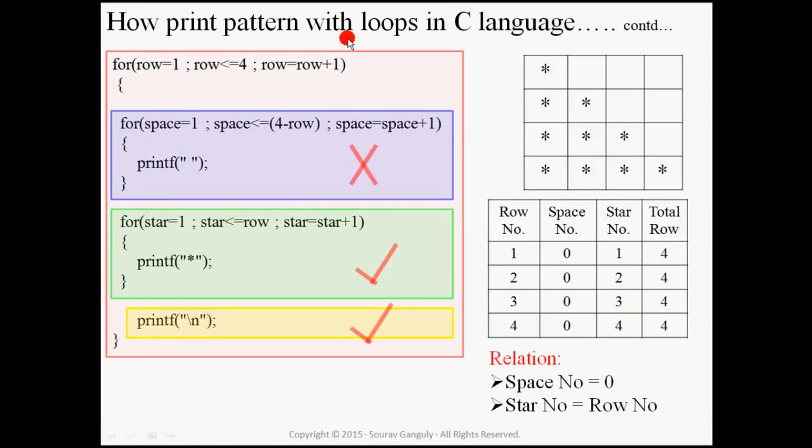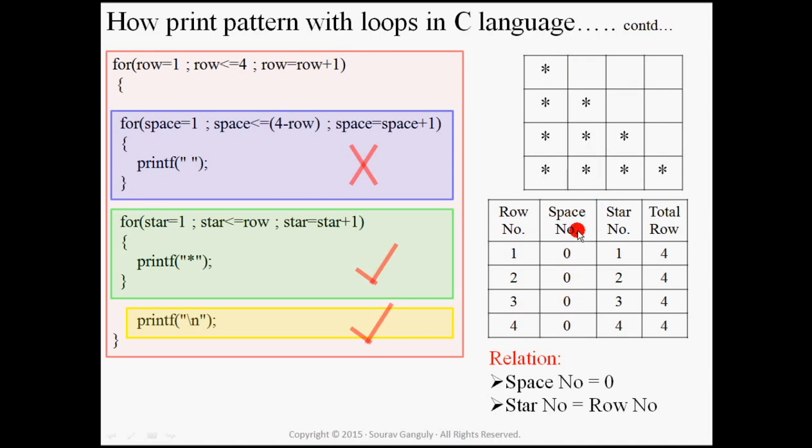Now check another print of a pattern. This section also has 4 things: row number, space number, star number, total row number. Row number 1 contains 0 spaces because the space is appearing at the right hand side of the symbol, so we will not calculate this space number.